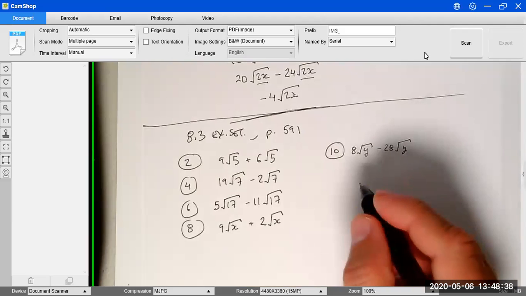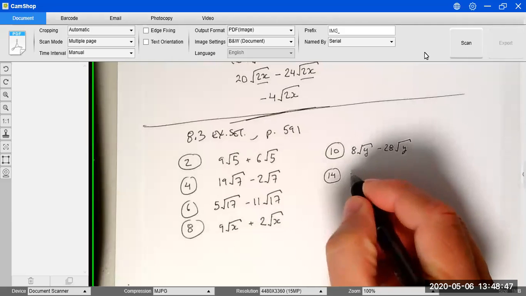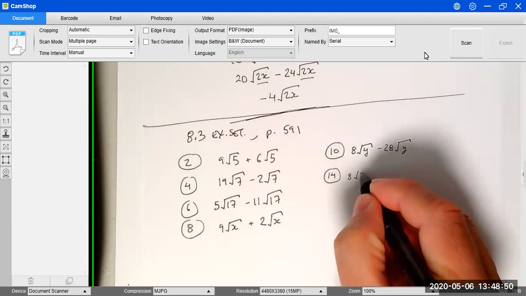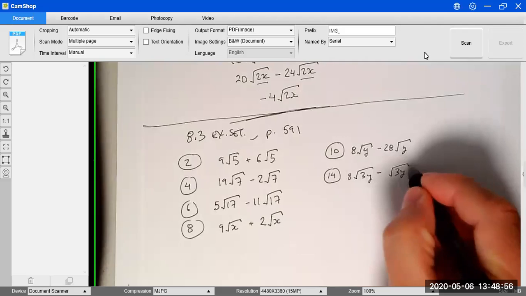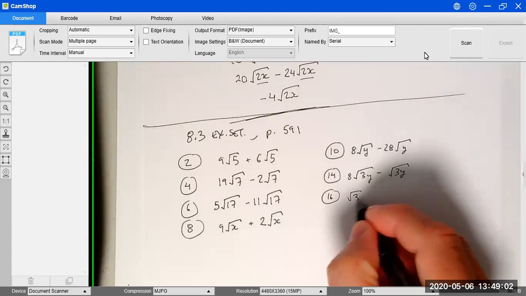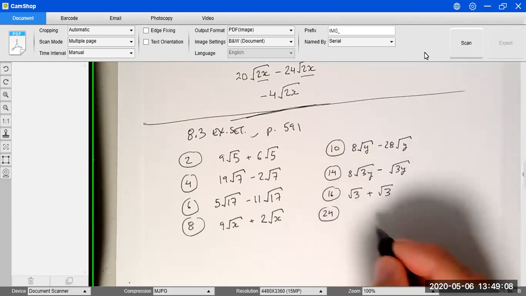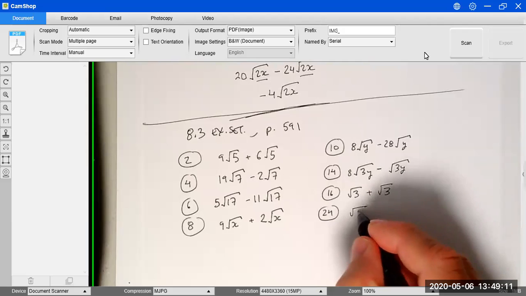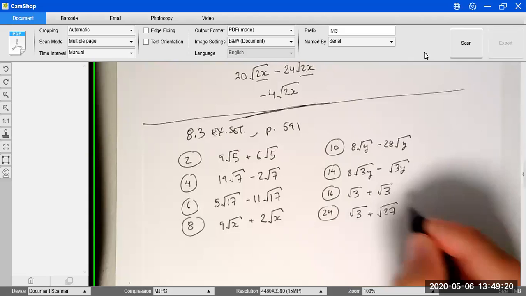Then we have 14, which is a radical 3y minus radical 3y. Then 16 is radical 3 plus radical 3. Then 24 is radical 3 plus radical 27.